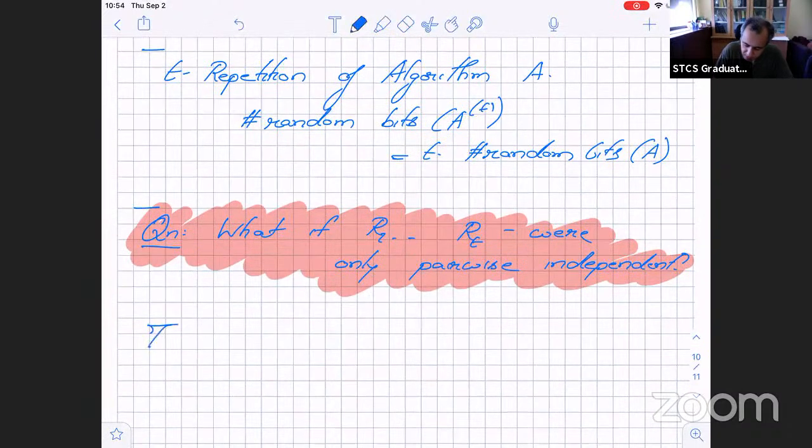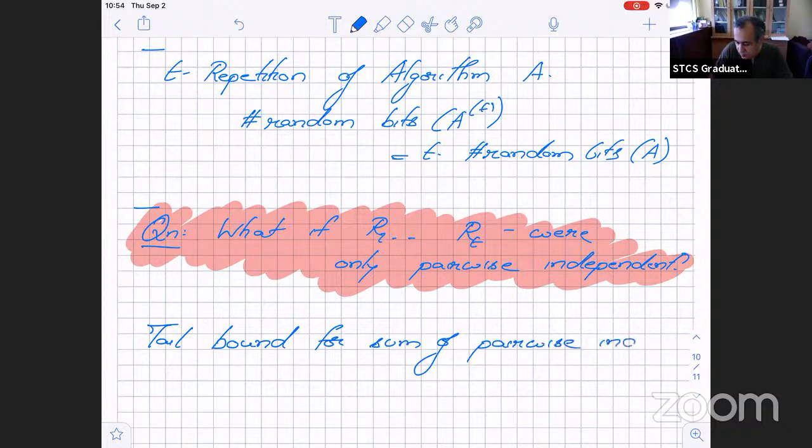Next would be the tail bound for the sum of pairwise independent random variables.